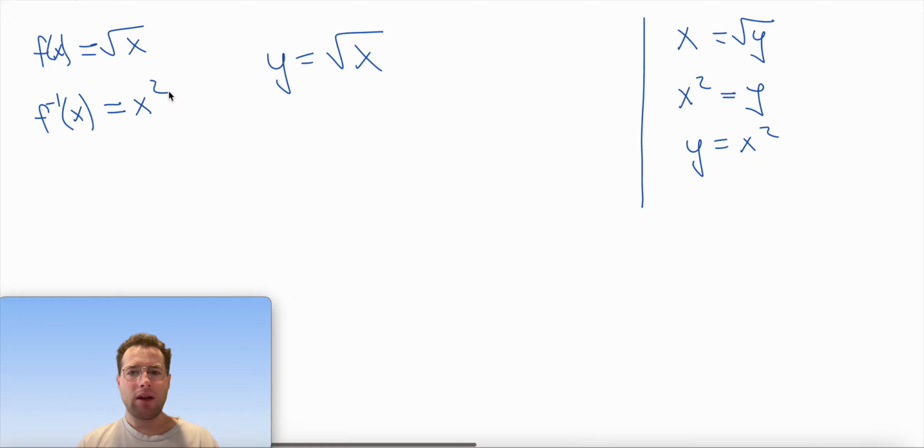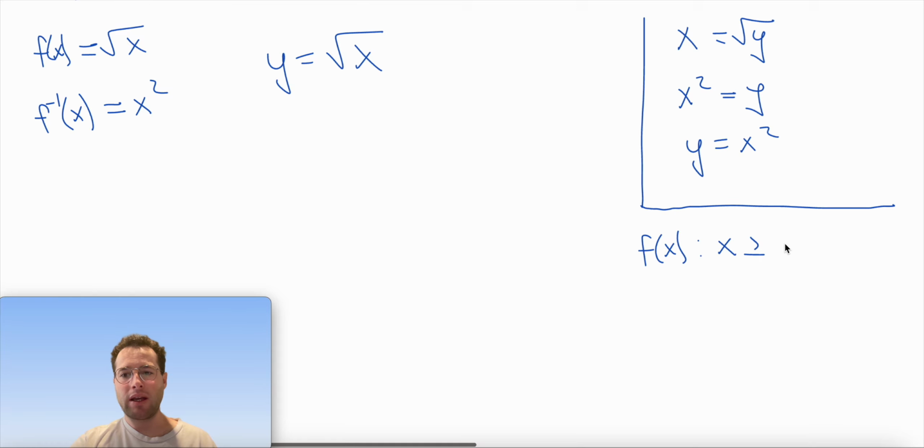Okay, let's start considering the domain and ranges for these. So the domain of f of x is going to be, well, x must be greater than or equal to 0, because we can't have the square root of a negative number. So x must be greater than or equal to 0.